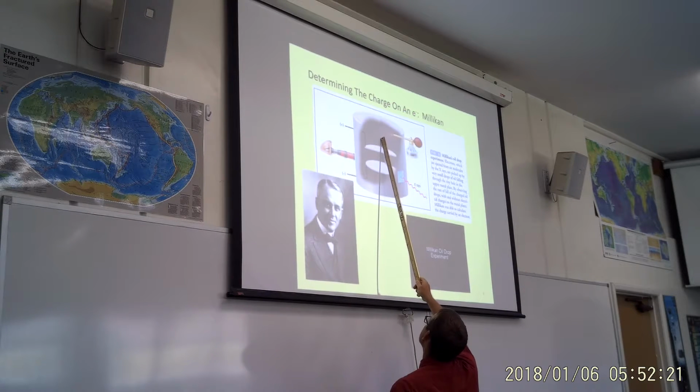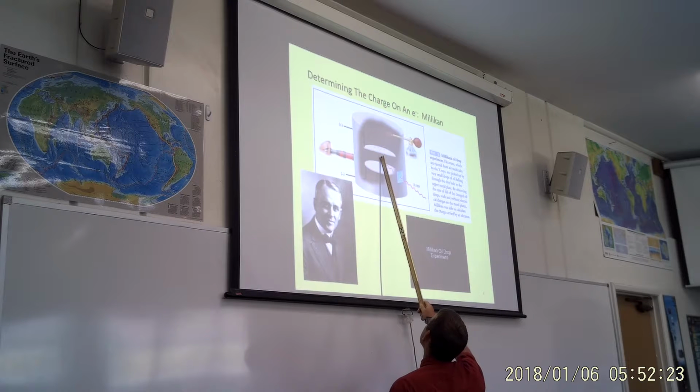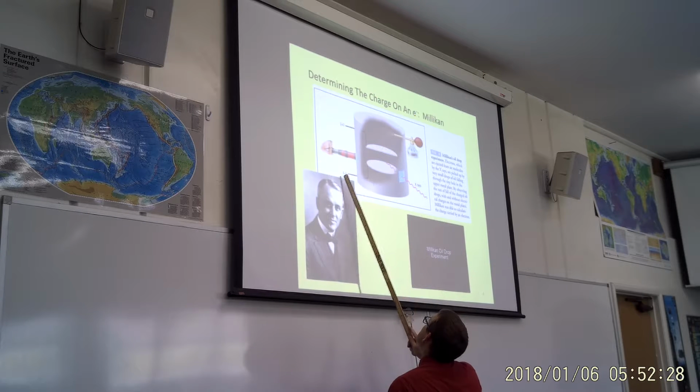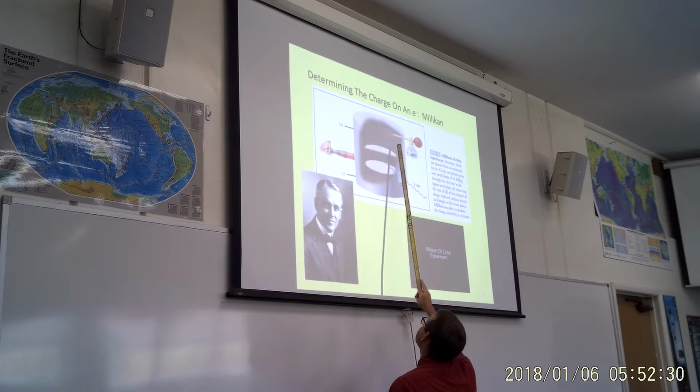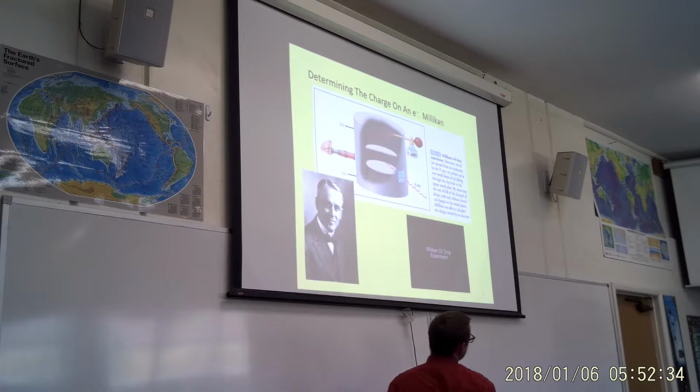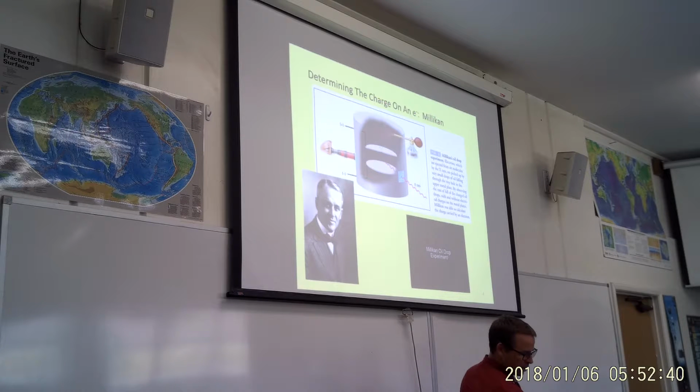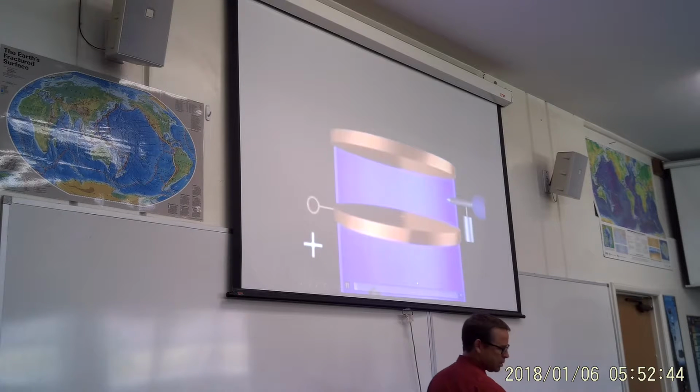So the mist would slowly have some droplets fall down to this plate and hit that plate. He would charge these plates, and the oil would still fall. But then when he introduced an X-ray beam that would drop electrons off onto the oil droplets, he would see the oil droplets stop falling and begin to rise because of the charge that was on the plates.